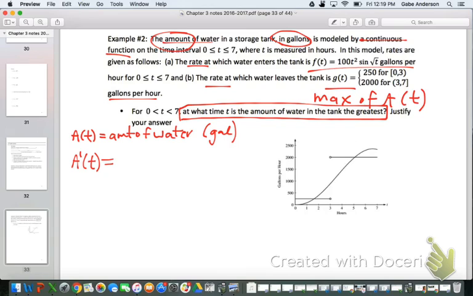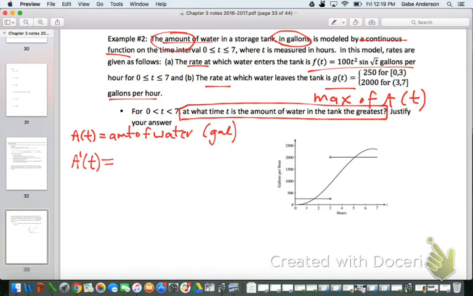If A of t was measured in gallons, A prime of t would be measured in what? Have you seen anything else describing gallons per hour in this question? Two times, right? Hopefully you underline those rates. F of t is a rate, G of t is a rate, both in gallons per hour. The question is, how do you combine them? You see how F of t and G of t are kind of working against each other?